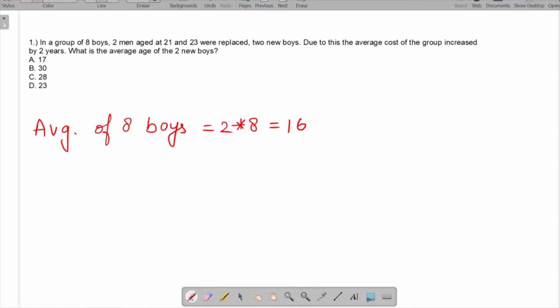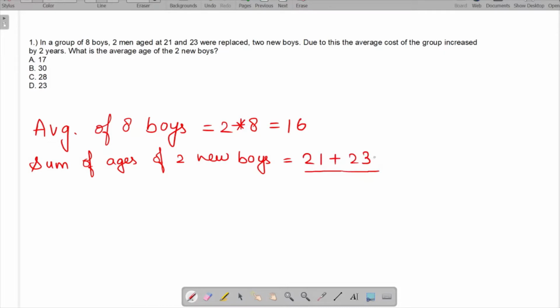So now what we have to do is find the sum of the ages of the two new boys. Sum of ages of two new boys will be equal to the ones who have left, that is 21 plus 23, plus the average age that is increased.